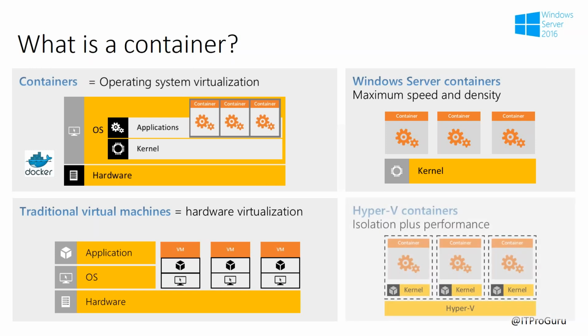It's very, very fast. And then we also offer Hyper-V containers. This gives us isolation plus a performance boost because we're not using a shared kernel. That obviously means it requires more resources to run, so it's not quite as slim as server containers or other container offerings that we'll talk about as we move deeper into the platform.